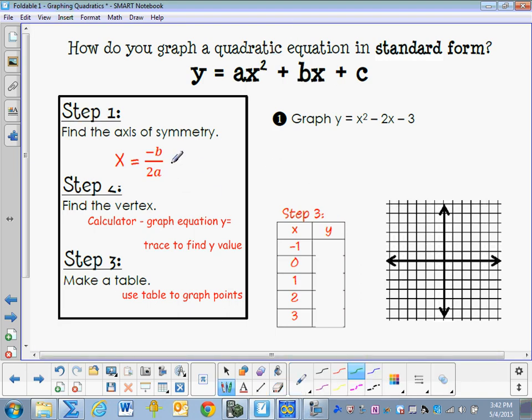So we're going to substitute negative b over 2a into it. All right, our b is negative 2, so we have negative negative 2 over 2 times a. 2 times a is 1, is 2, so 2 over 2 is 1. So my axis of symmetry is the line x equals 1. So I know that 1 is my x value on my vertex.